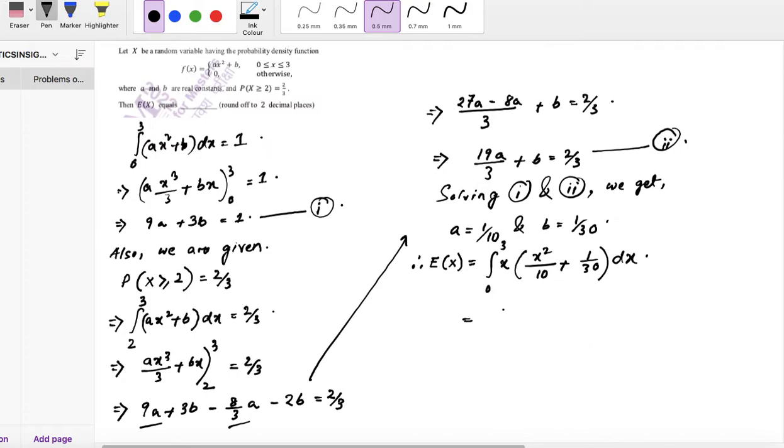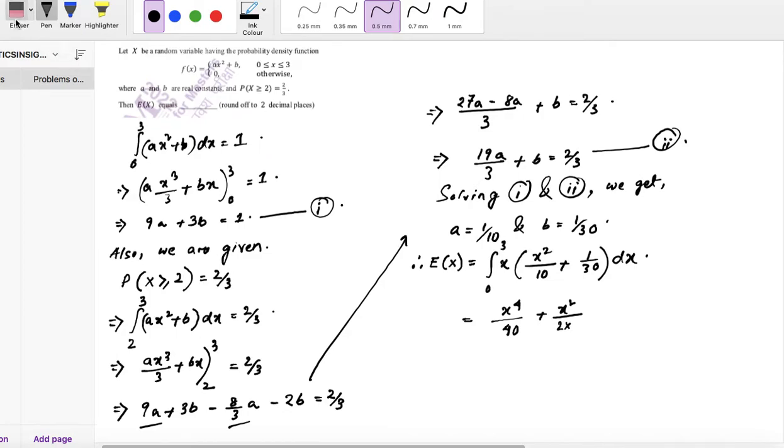So what we get here, x to the power 4 by 10 into 4, 40, plus x square by 2 into 30.